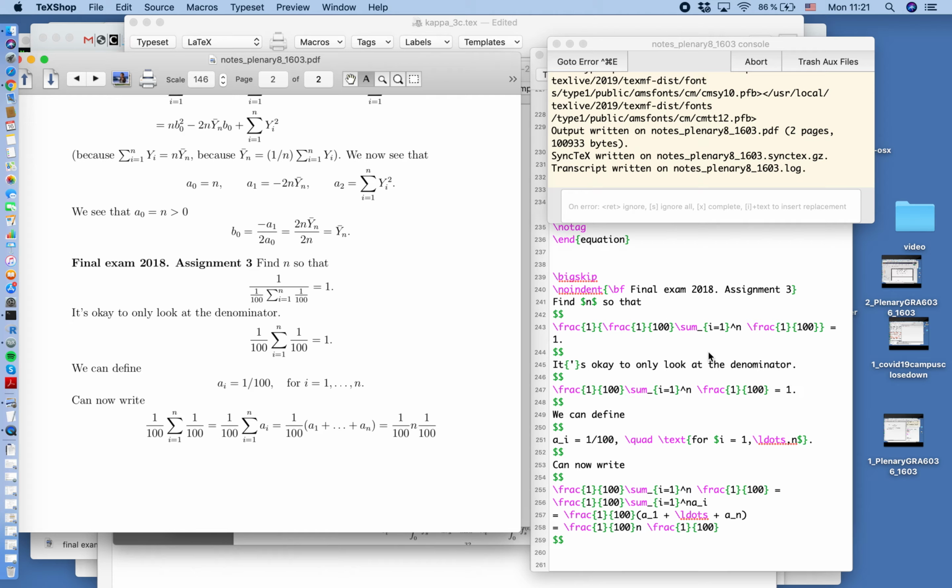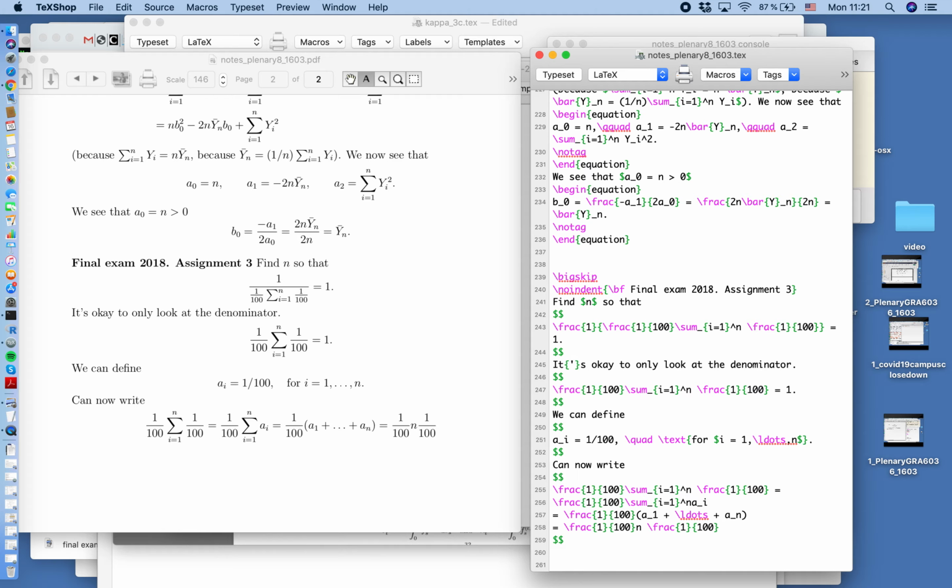So this will be equal to this, and 100 times 100 is 10,000, so we then get n over 10 to the power of 4, which is n over 10,000, and this should be equal to 1.